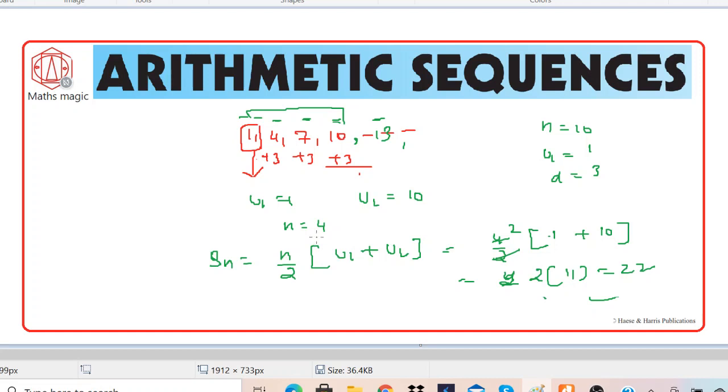So these were the basic ideas about arithmetic sequence. We have different levels of questions for nth term and sum of nth term. So in coming videos I'll show you different problems based on arithmetic sequence.